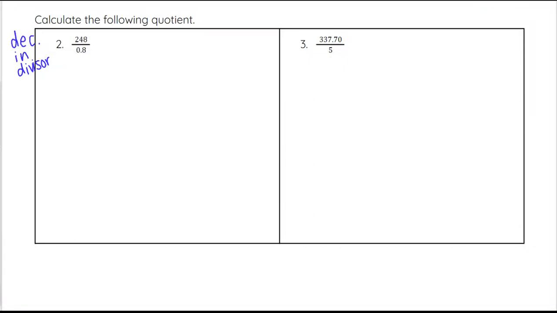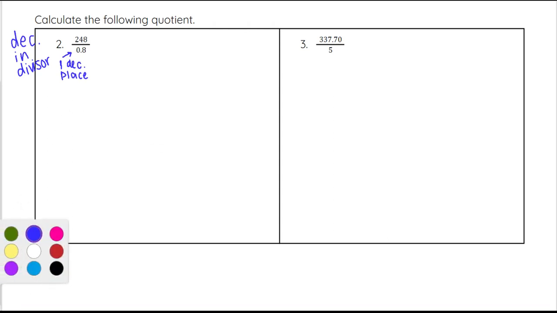So when the decimal is in the divisor, we want to go ahead and count our decimal places. So we see here that there is 1 decimal place. So I'm going to make that note for later. So 1 decimal place. Additionally, we want to move the decimal in both numbers to the right 1 place.